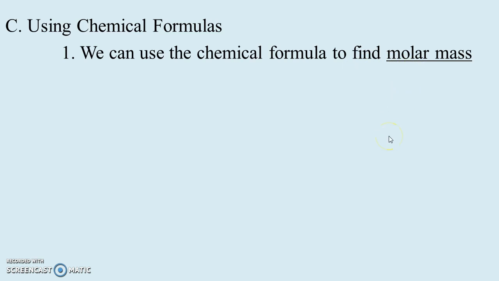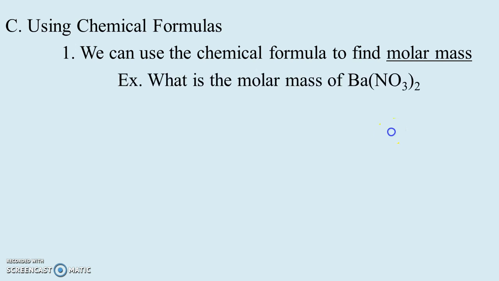We can take the atomic masses, which are the molar masses off the periodic table, and figure out how many grams per mole are in here. So like the molar mass for barium nitrate, we can take barium's atomic mass, nitrogen, oxygen, add them together and figure out how many grams are in 1 mole of that.